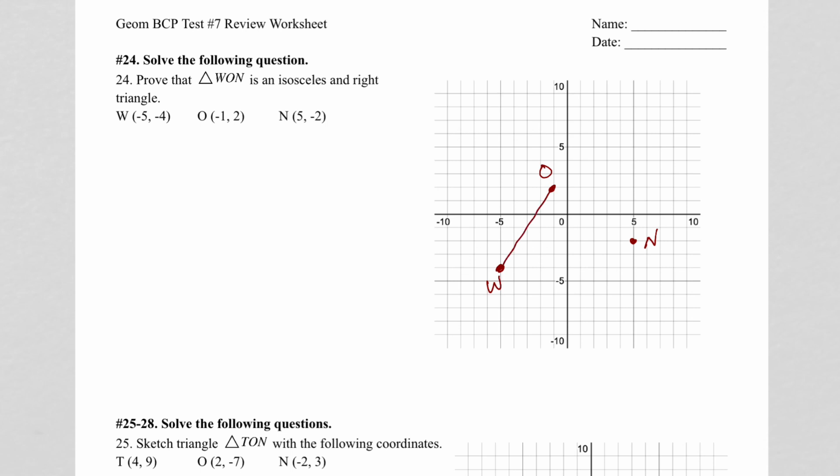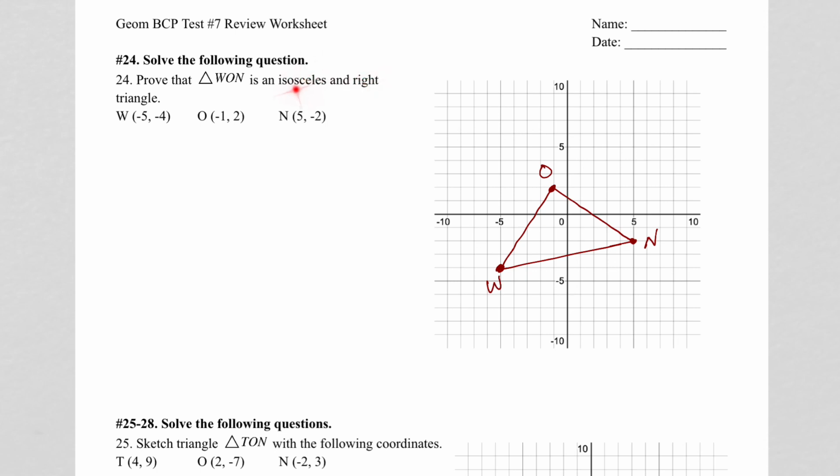Something like that. And something like this. Okay. Now, I need to show that this is both isosceles and right.